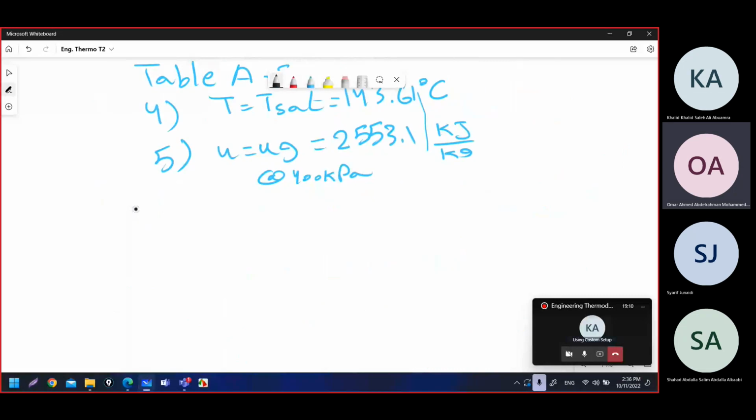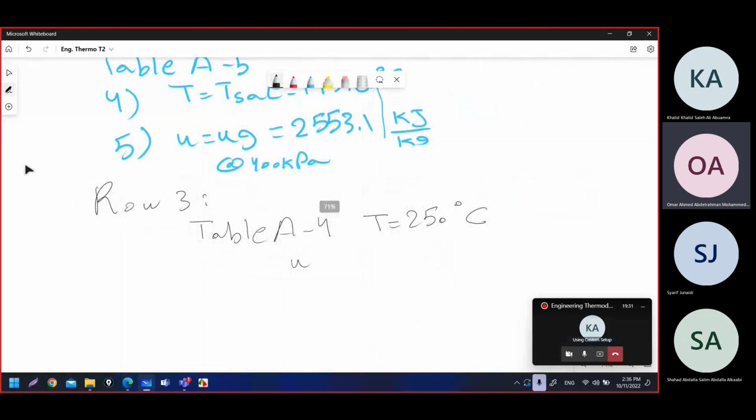So for row number 3, I will go to table A4 because I am given the temperature. So I will go to the temperature table. T is equal to 250 degrees Celsius, and I want to compare my U to Uf and Ug. The U value is equal to 1,500 kilojoule per kilogram.